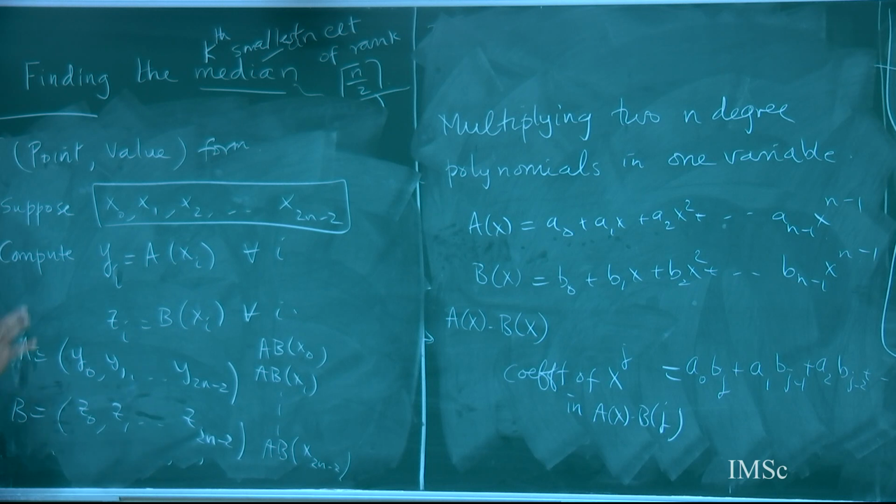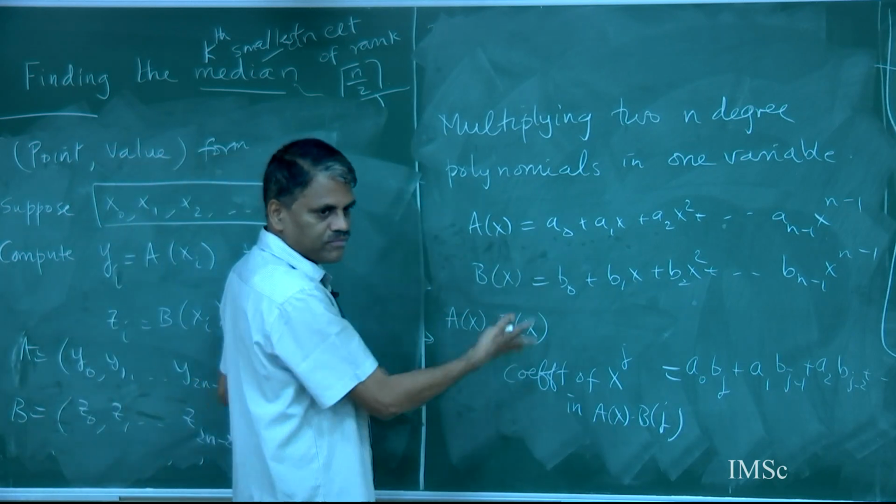So we move from coefficient representation to this point value representation. If I have stored the value of the polynomial on so many different points, if that's the way I represent my polynomial, then the product is linear time. Whereas here the product is n squared. Okay?